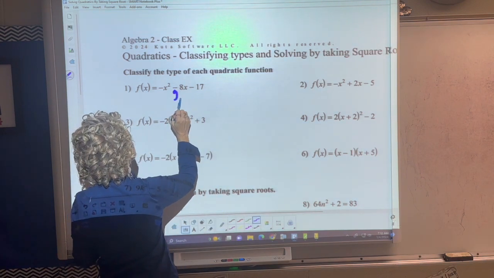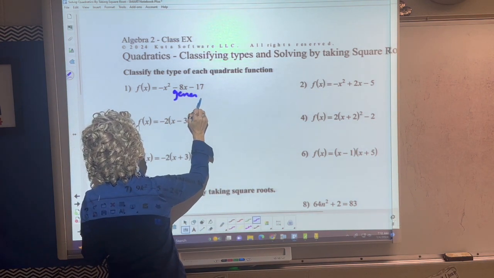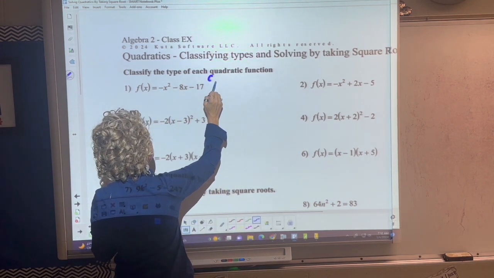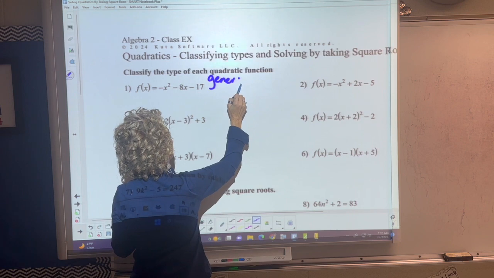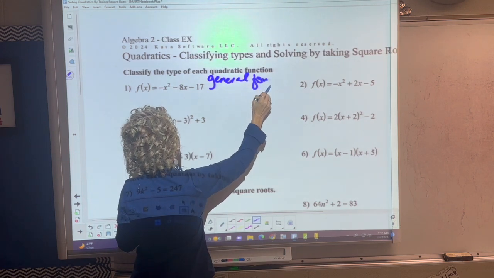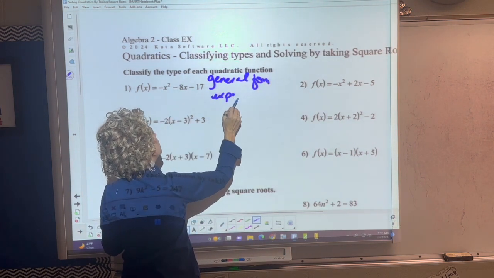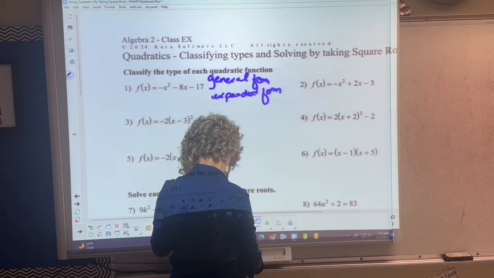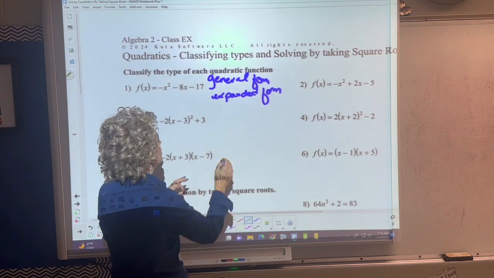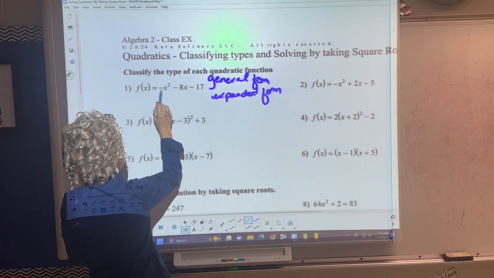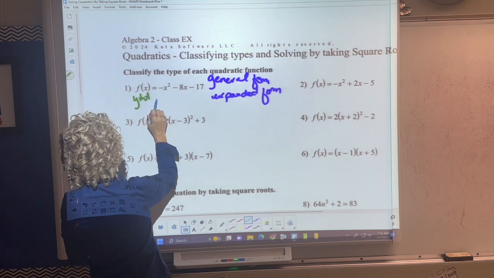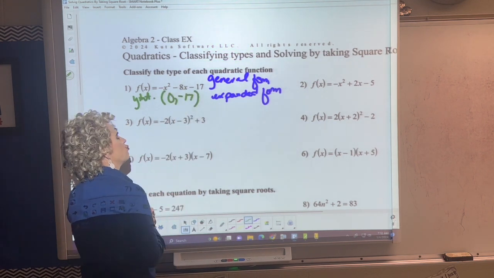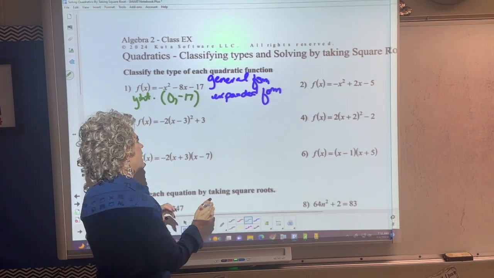We're going to say this is general form or expanded form, G-E-N-E-R-A-L, general form, and this is also expanded form. In my general form, in my expanded form, I have my y-intercept. My y-intercept will be 0, -17. That's where it's going to cross the y-axis at 0, -17.